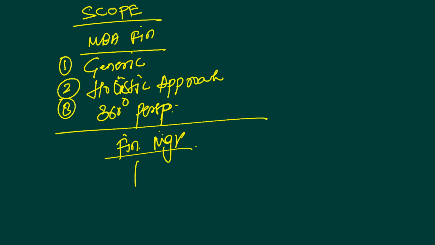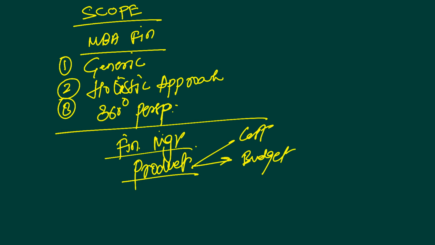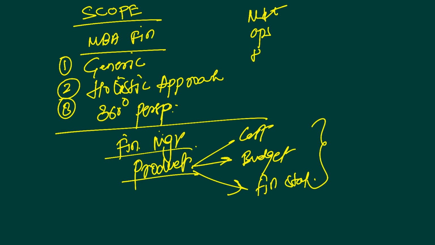So if you're launching a product, you are not only going to be concerned about the cost, the budget, or how it's going to impact your financial statements, but you also need to understand how you are going to take care of your cost, how you are going to line up your budget, and how it's going to impact your financial statement, looking at the other branches of management, predominantly marketing, ops, human resources, and strategy, definitely.